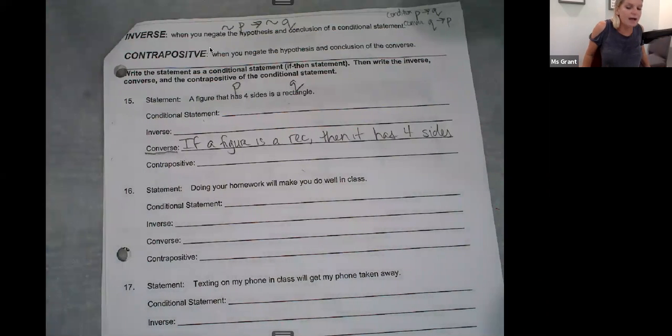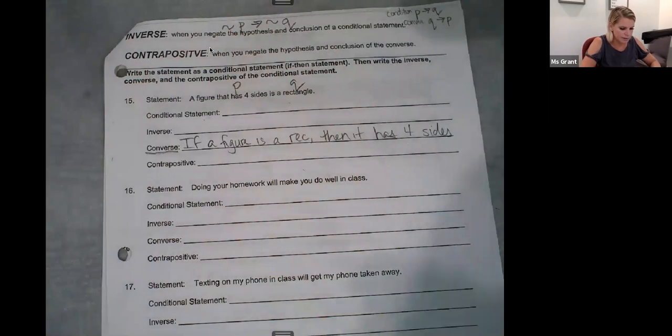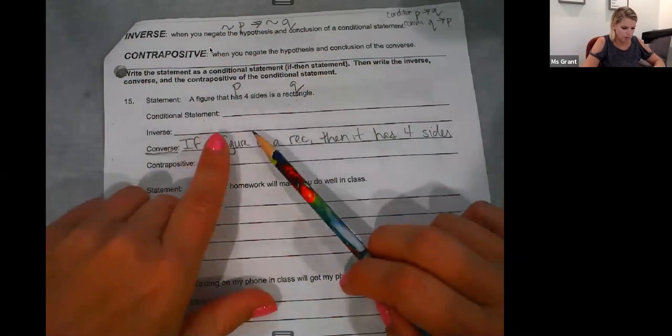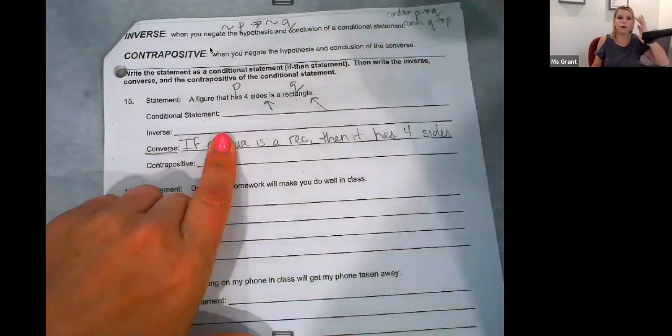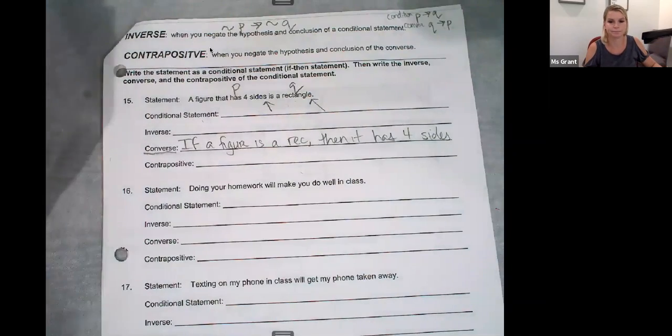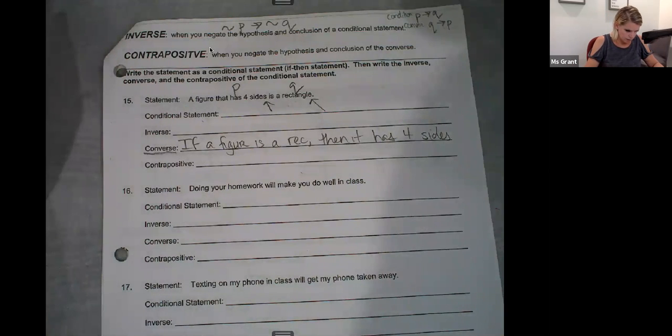Okay. Now let's do inverse. Not P, not Q. Remember, here's my P, here's my Q. Not P, not Q. All right, an inverse, volunteer. Natalia. If a figure doesn't have 4 sides, then it is not a rectangle.